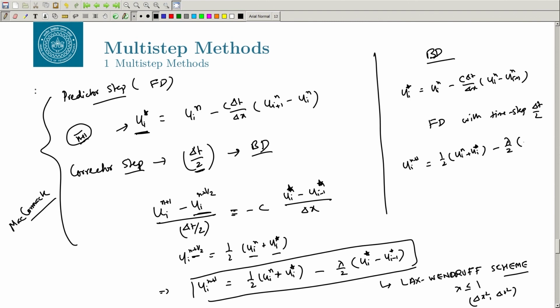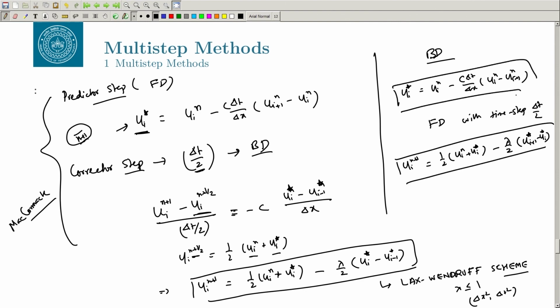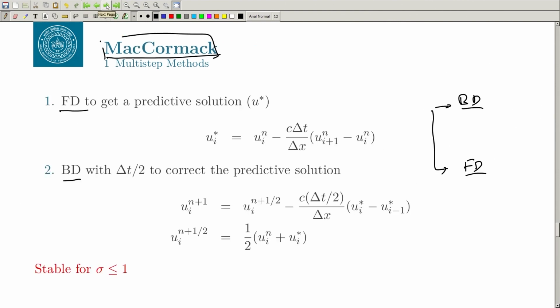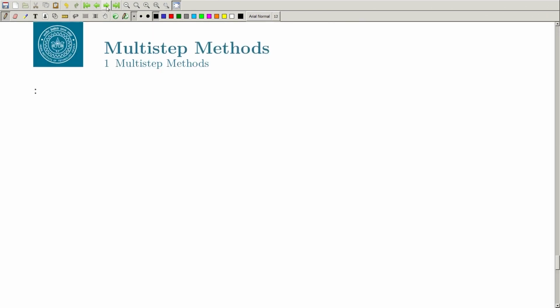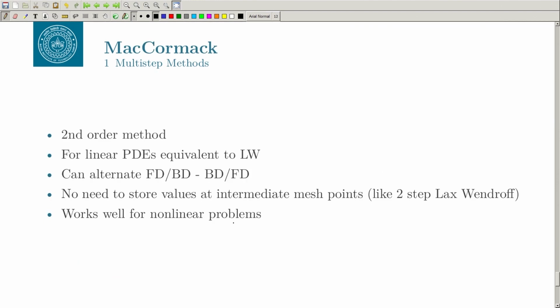Now, use the forward differencing, this is u_{i+1} star minus u_i star. Both are equivalent, and the same thing is shown here. So this is how you can get it, and this is stable for lambda or sigma less than or equal to 1. This is also a second order method, equivalent to Lax-Wendroff. You can alternate these two. The advantage of this is no need to store values, so you do not need i plus half and i minus half and so on. And this works well for nonlinear problems.